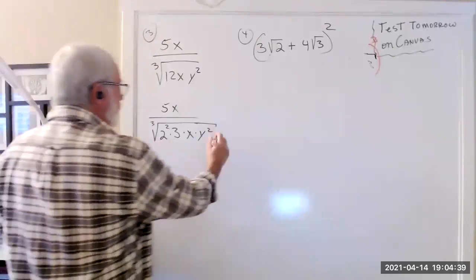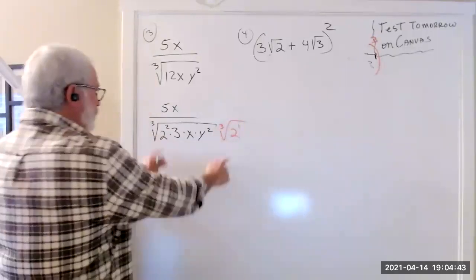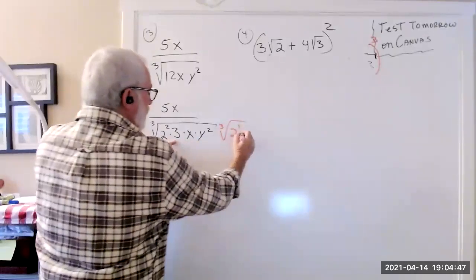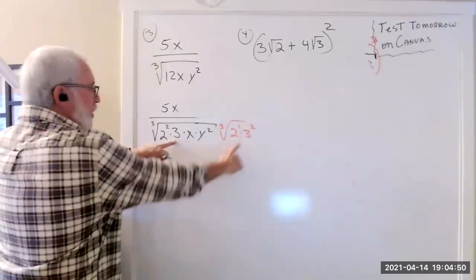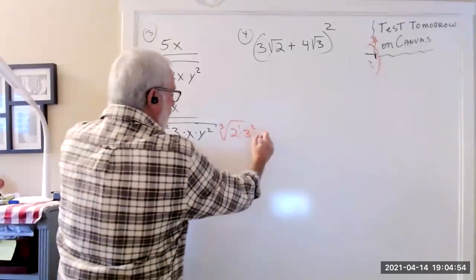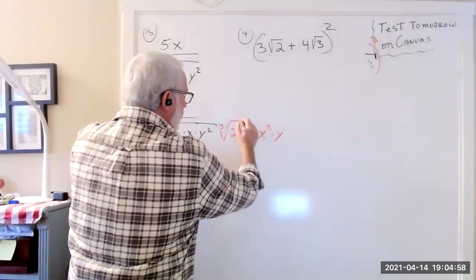So I have a 2 squared, so I need to multiply it by a 2 to the first. Now I'll have 2 cubed. I have a single 3. I need to multiply it by 3 squared. Now I'll have 3 cubed. I need to multiply it by x squared to get x cubed and y.